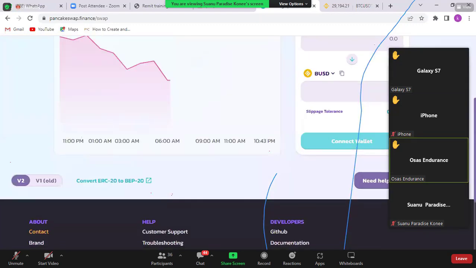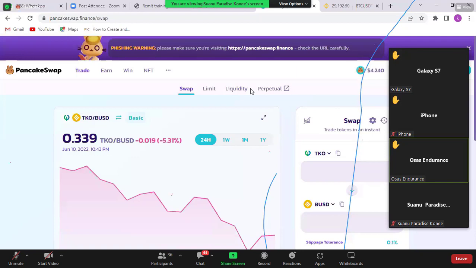Okay, that's good, sir. So, for example, if that TKO is rising, we can also exchange it to USDT or BUSD. Yes. Can we use Ethereum here, or use BNB for one blockchain and Ethereum for the other blockchain?